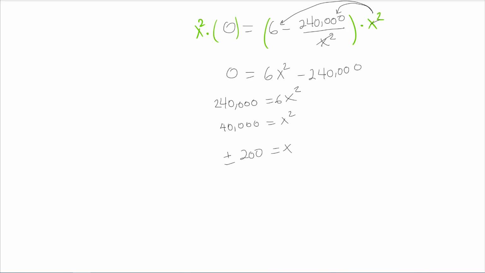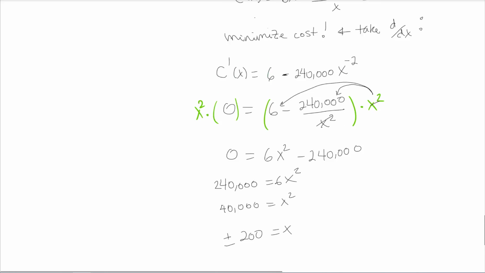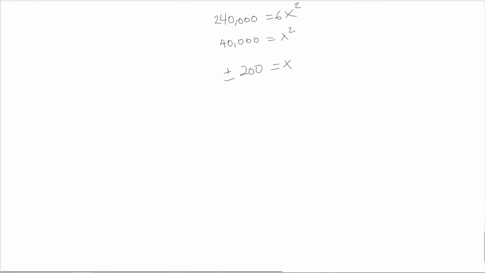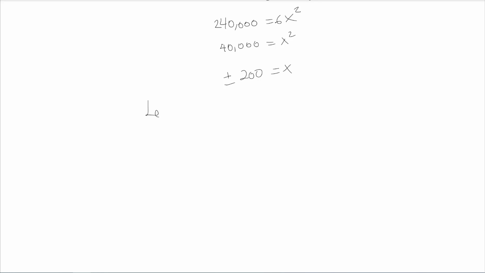Anytime you take the square root of something, you get plus or minus, but x is representing the length of a rectangle, so it can't be negative. You can't have a negative length. So we're going to say length cannot be negative. So therefore x is just a positive 200.